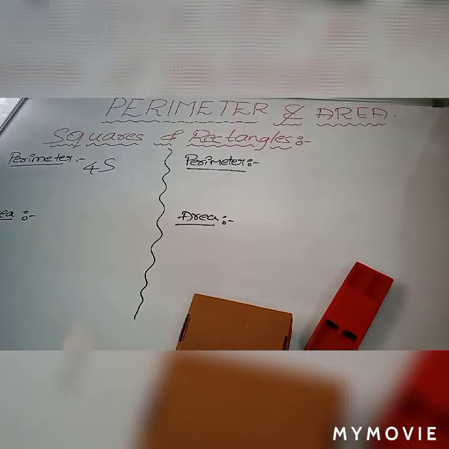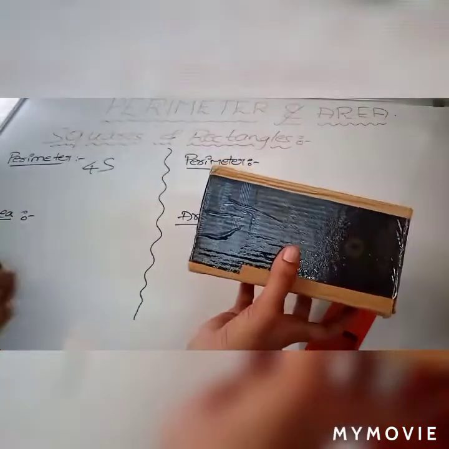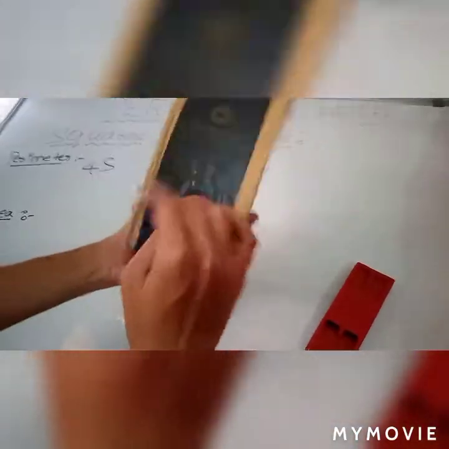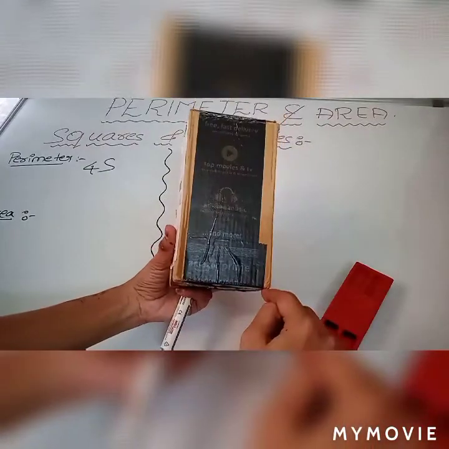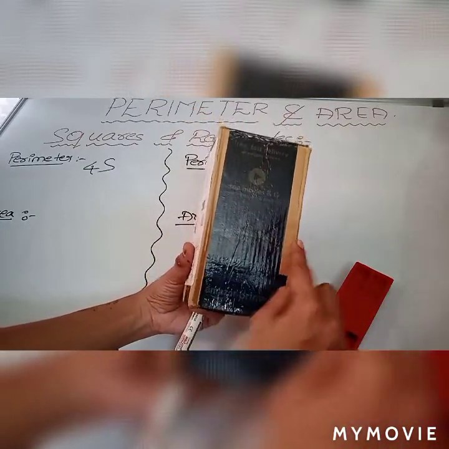Okay. Now children, see here. Next one is the perimeter of a rectangle. This one is the rectangle, isn't it? In this, opposite lengths and breadths are equal. So how many lengths are there? 2 lengths. And how many breadths are there? 2 breadths.